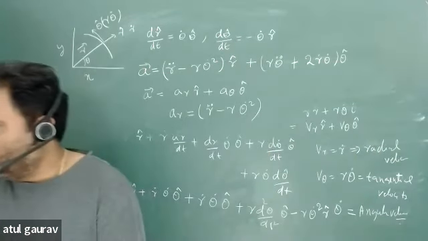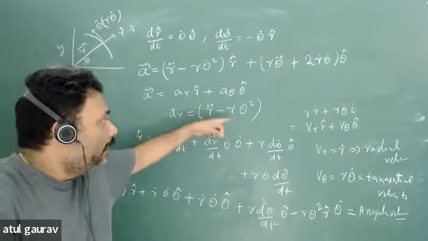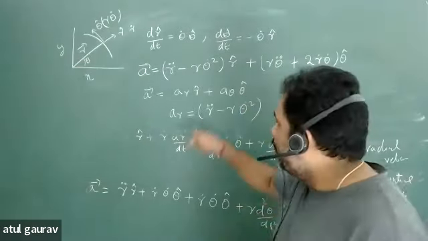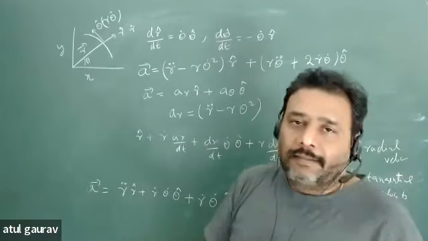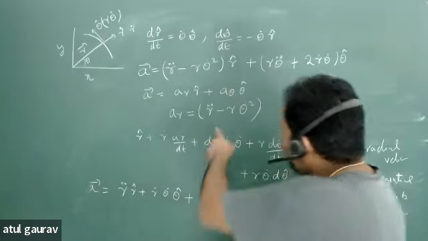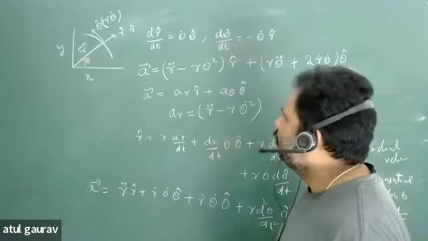R double dot is not your radial acceleration. What is your radial acceleration? It is r double dot minus r theta dot square. This is your radial acceleration.